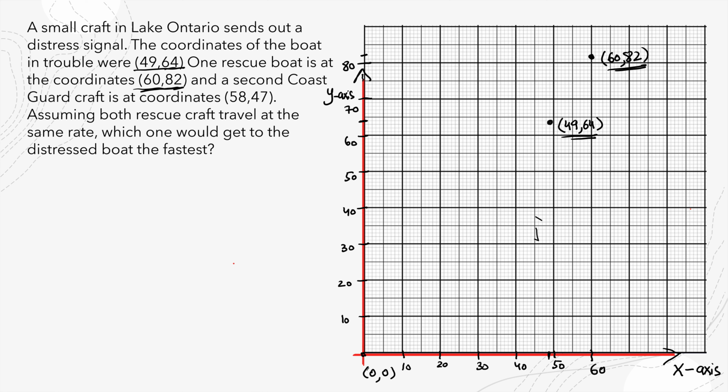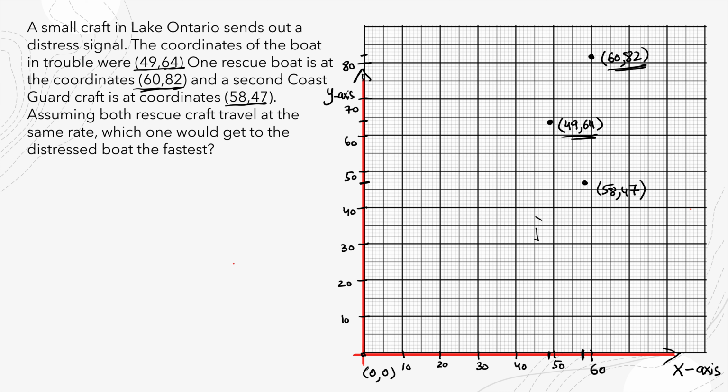And finally, the second Coast Guard craft has coordinates of 58 and 47. So 58 is this point, and 47, I have it here. Okay, so these are the three points on the graph identifying the location of the boats.